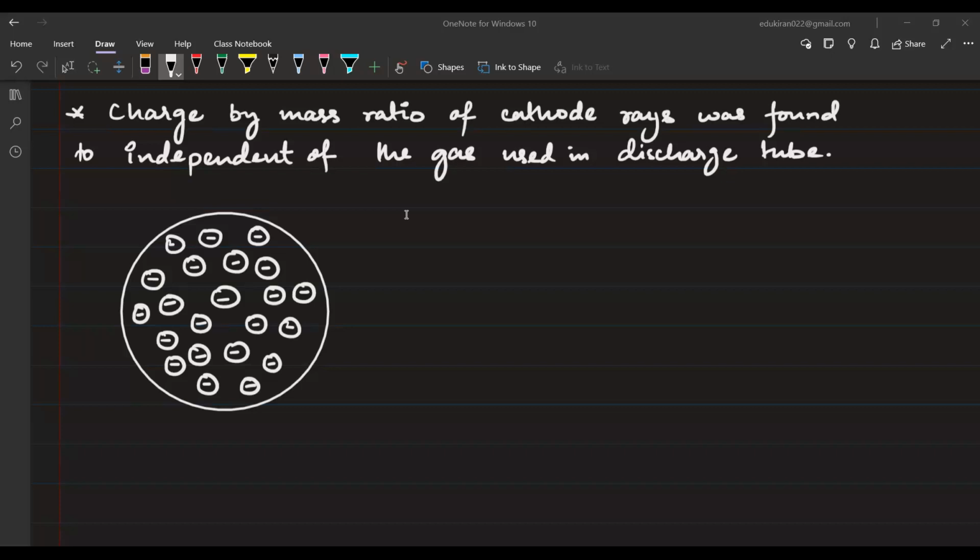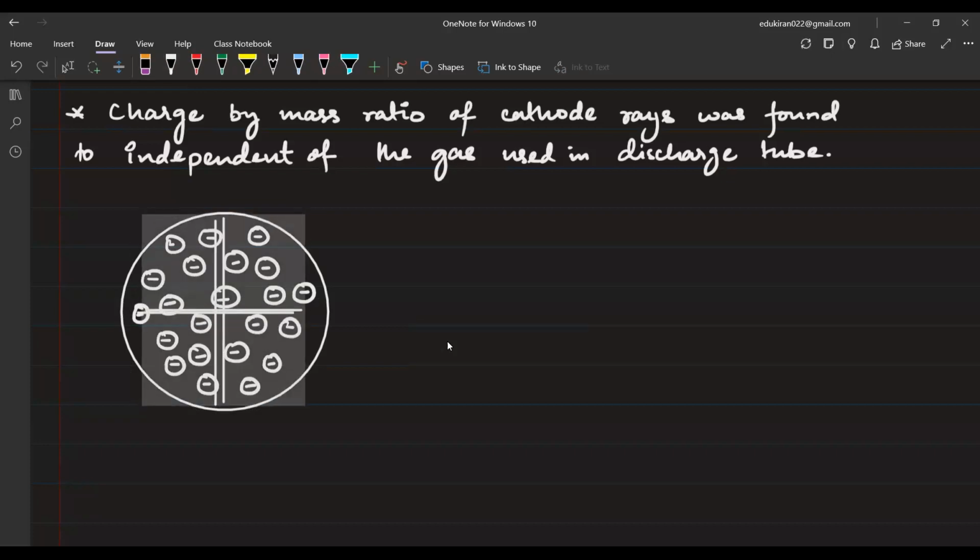Because he tried so much and did not get any particle, he thought that, okay, fine, maybe the complete atom itself is a positively charged thing, and inside it we have negatively charged particles which are embedded. So he said the complete atom is positively charged. This is a sign of positive charge.